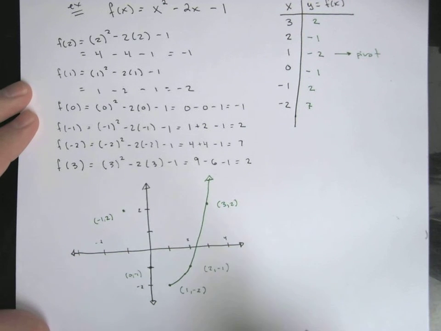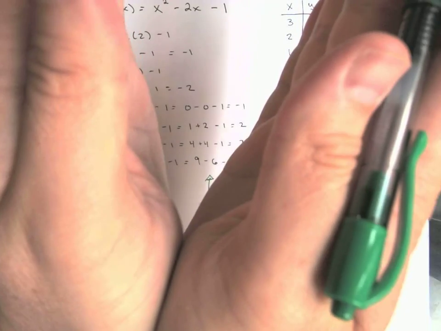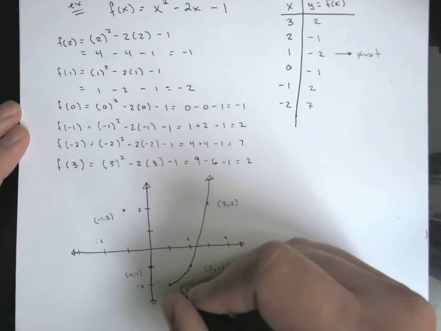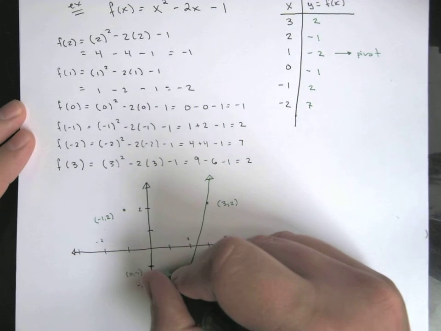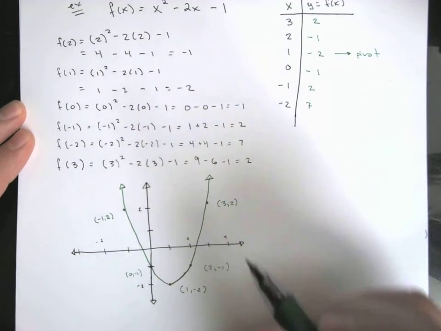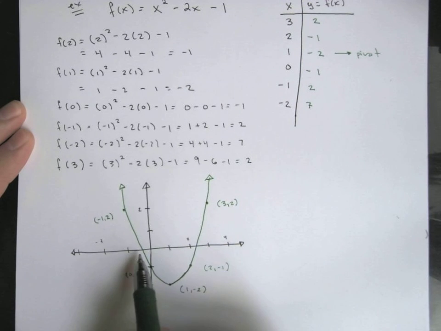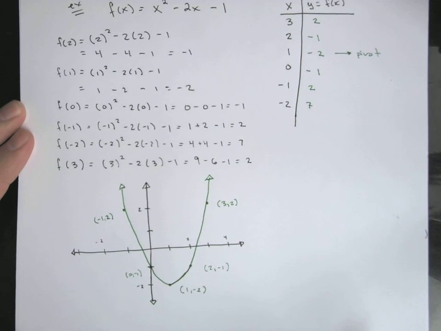The one exception to that is our absolute value function that makes a V. Anyway, so smooth curve down to here, make the turn, head back up. We don't really have a very good sense for these crossing points. We're eyeballing these x-intercepts. Those would be a little bit trickier to find, which is fine.